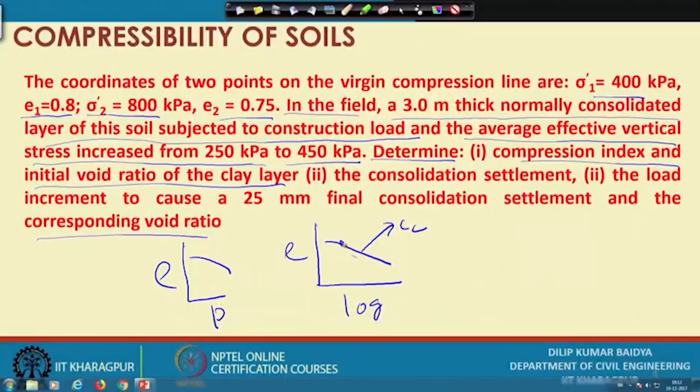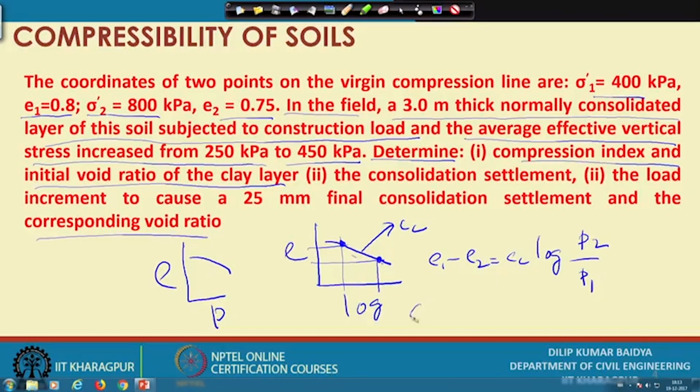So, this is a virgin compression curve, and 2 points are given. Suppose one point is here, with sigma 1 dash and E 1, and this is sigma 2 dash and E 2. If these are given, then E 1 minus E 2 will be equal to Cc into log P 2 by P 1, that is the formula for a straight line.